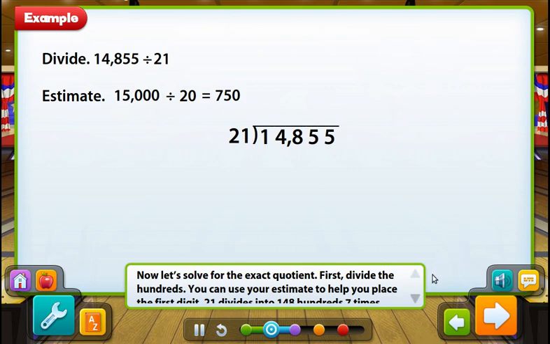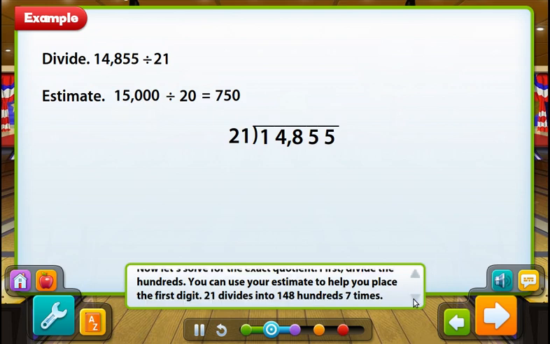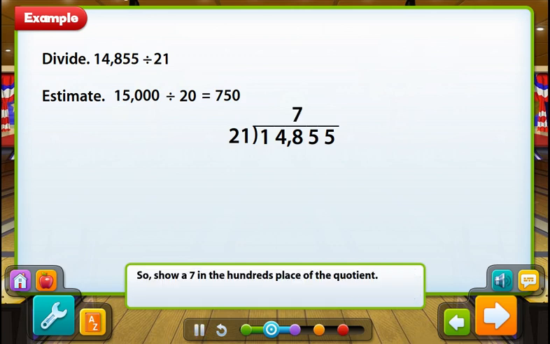First, divide the hundreds. You can use your estimate to help you place the first digit. 21 divides into 148 hundreds 7 times. So show a 7 in the hundreds place of the quotient. The product of 7 hundreds and 21 is 147 hundreds.